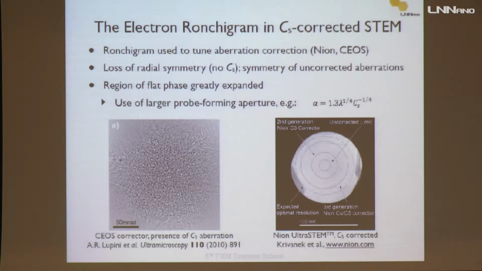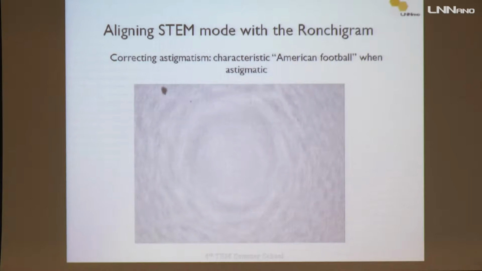And then, well, talking about the improvements that we have with new machines, the corrected machines, you saw here how it looks like a conventional Ronchigram in an uncorrected machine.